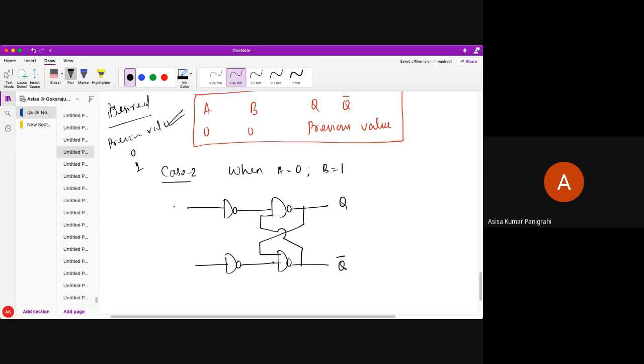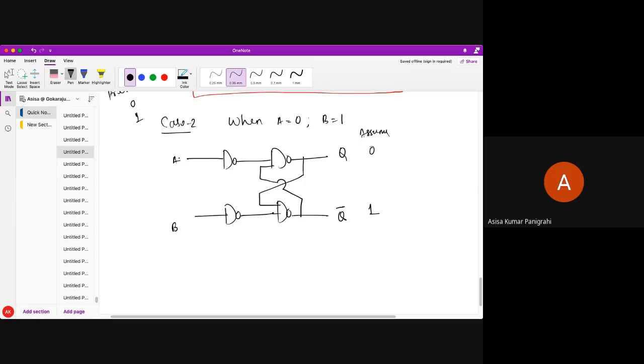Q, Q bar, A, B, assume initial assumption 0, 1. Now see here what I am doing. I have determined here A is 0, B is 1. If A equals 0, this is just a NOT gate. It will make the output 1. If 1, this will be 0. Now this Q bar is 1.